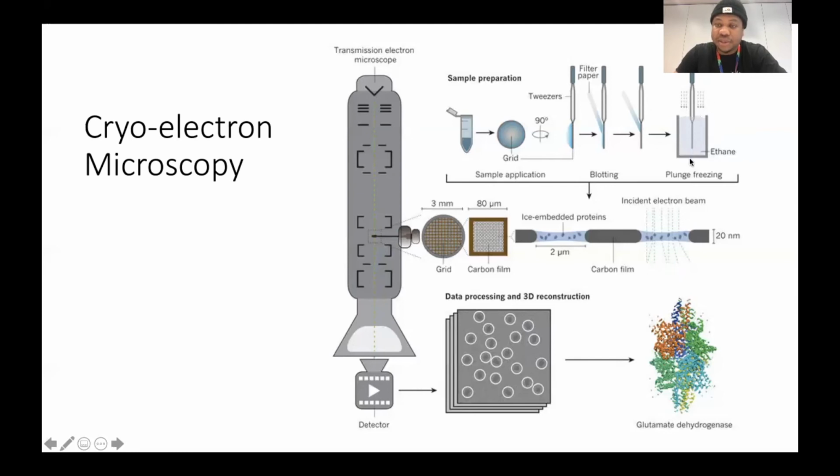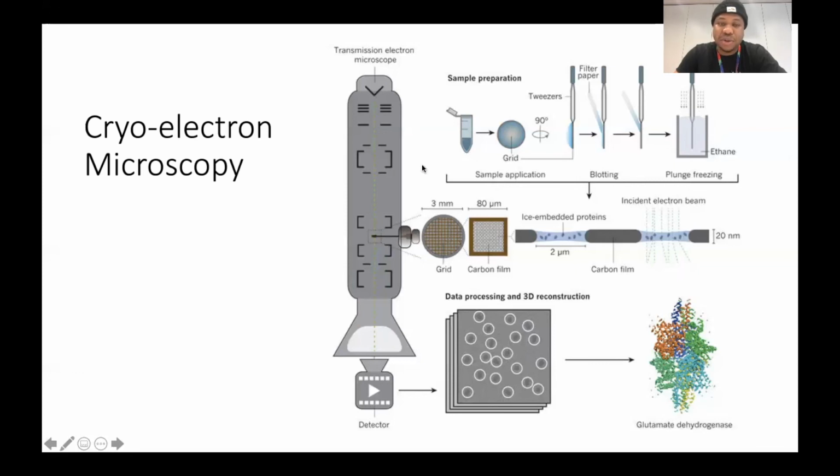This liquid ethane is cooled to cryogenic temperatures, so that's around about minus 165 degrees Celsius. The reason why we want to freeze the sample to this temperature is mainly because we don't want ice crystals to form, which would interfere with our imaging.